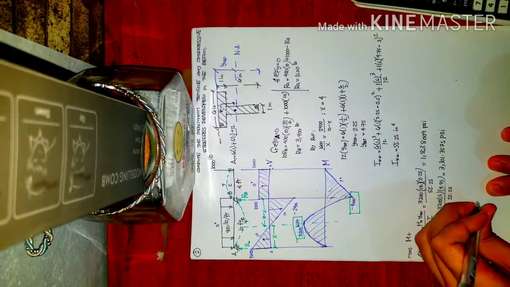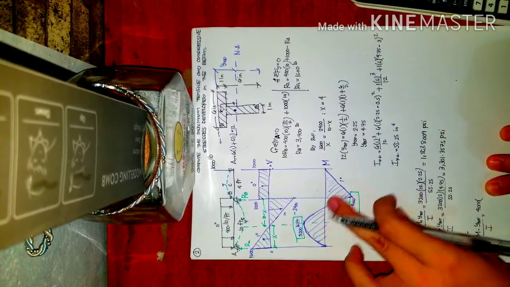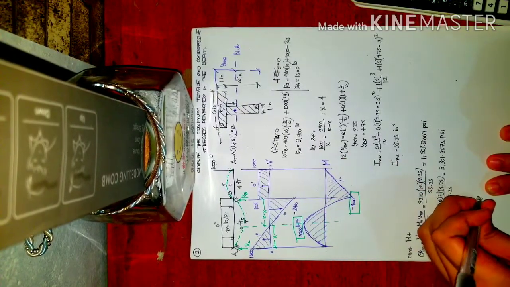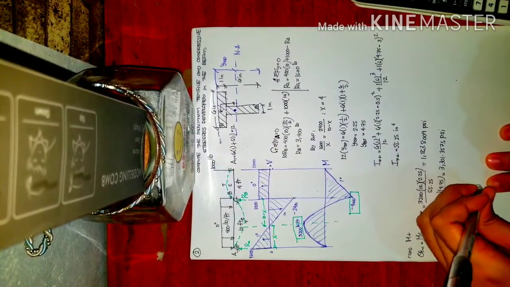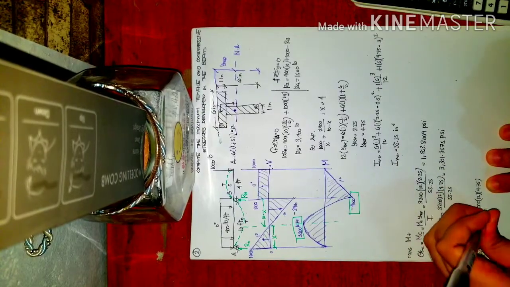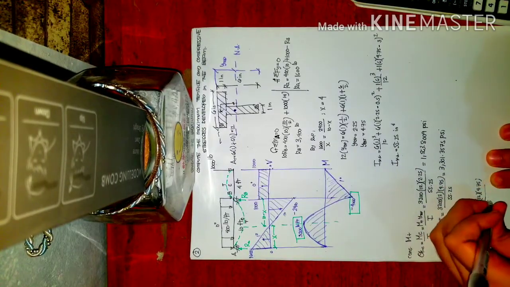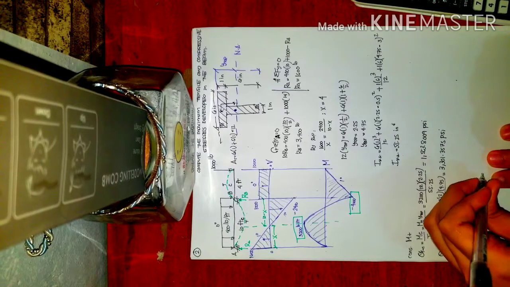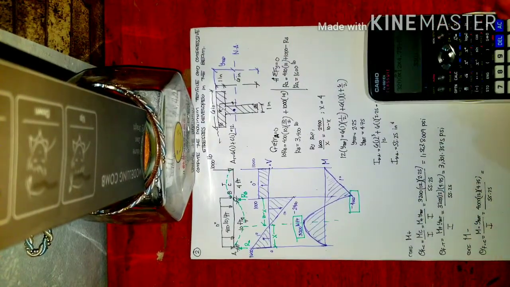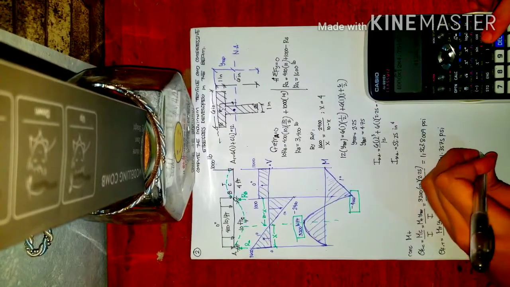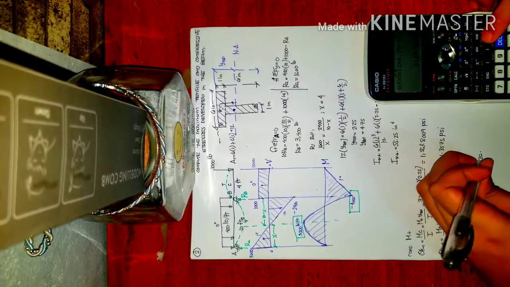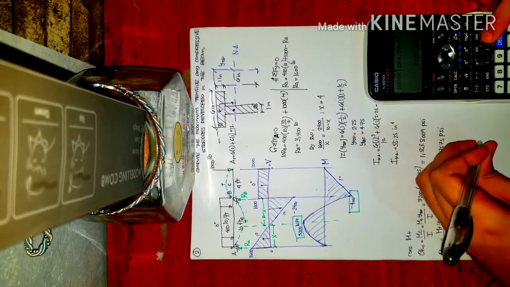So, 4,000 multiplied by, so ito yung pound feet, so multiply by 12. And then Y bottom, so 4.75 over 55.25. So that is 4,000 times 12 times 4.75 divided by 55.25. So that is 4,126.76968 PSI.